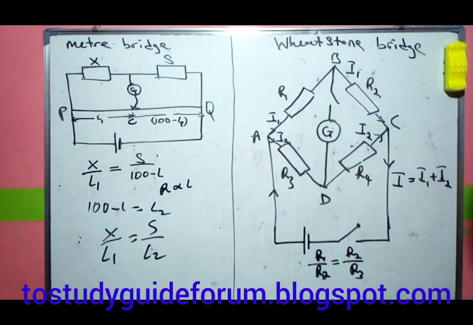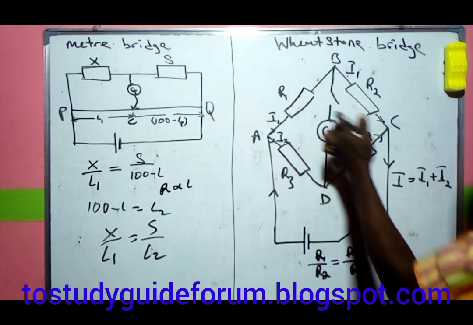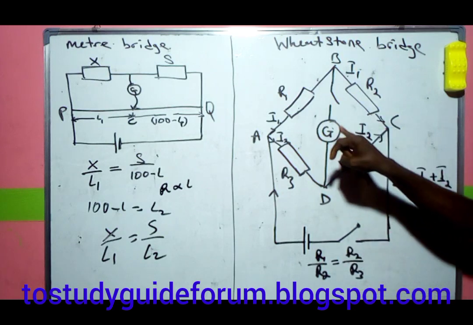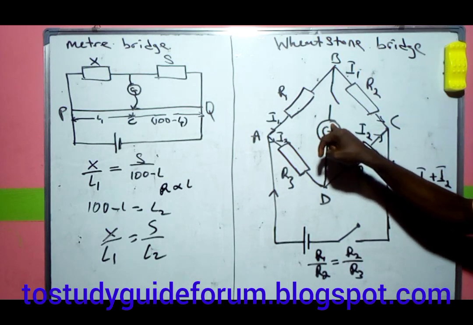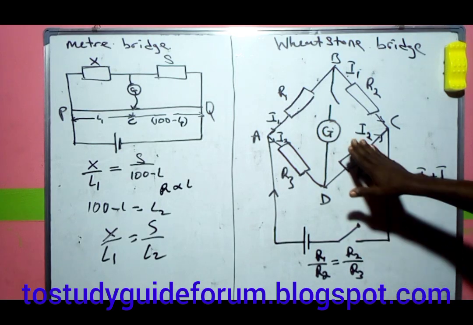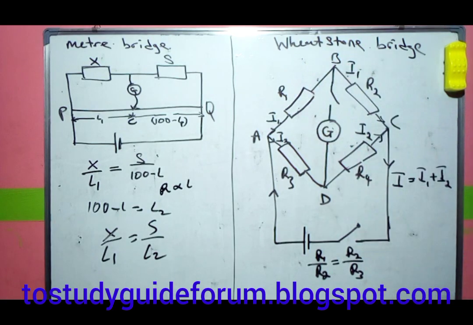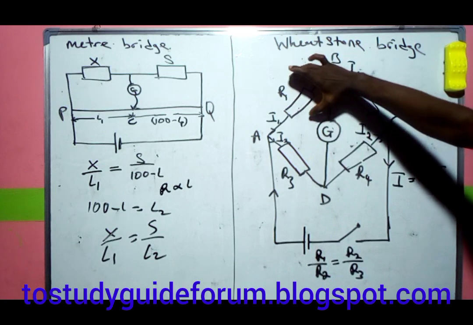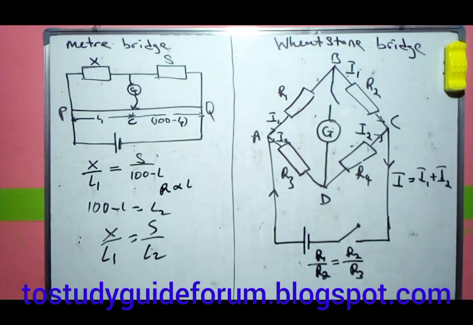When this key is open and this other key is on, once there's no deflection here, it means that everything has balanced. Then you can take the reading of each of them and use it to determine the value of the unknown, perhaps if this one is the one we're looking for. So that's how we do this calculation.